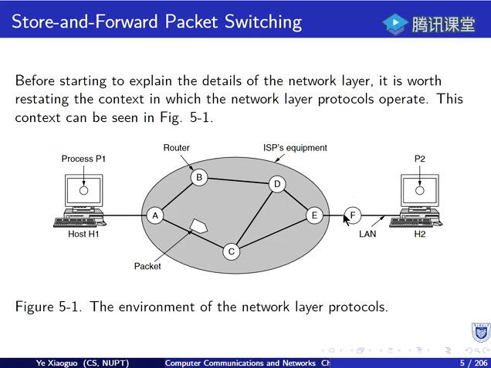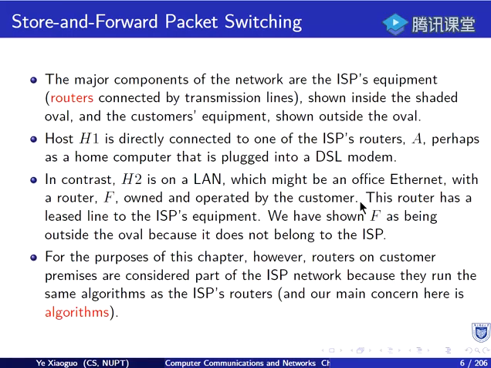It is a device in the customer's office. It does not belong to the ISP. So this router needs a line to the ISP's equipment. We have shown F as being outside because it does not belong to the ISP.